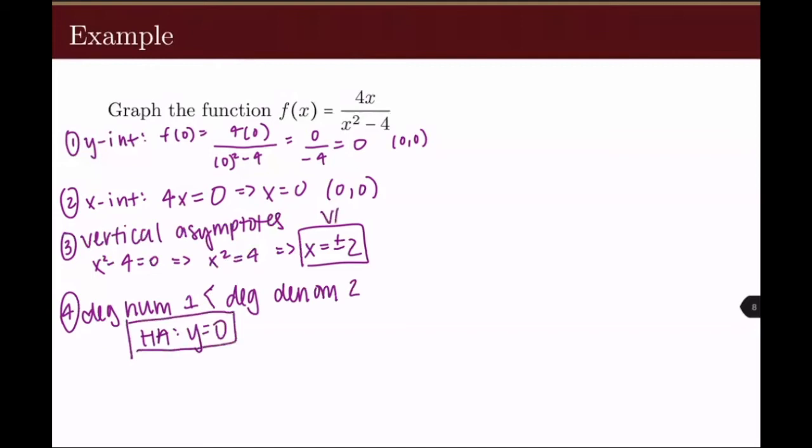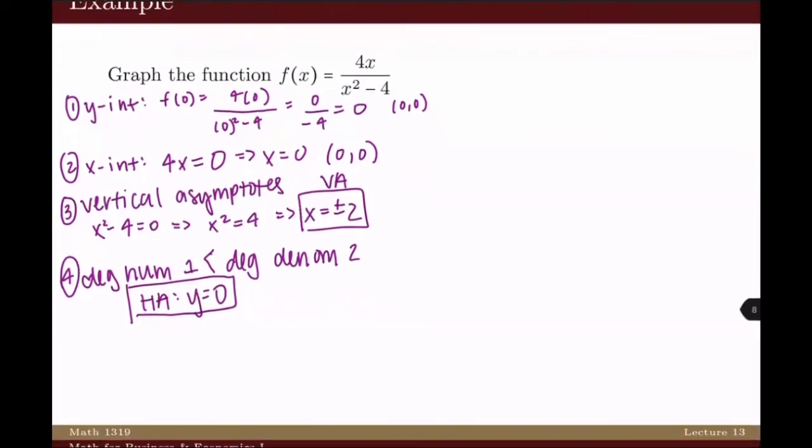Per our table that we looked at earlier. Lastly, we are allowed to cross a horizontal asymptote. So what we can do is plug in 0 and see if we cross our asymptote or not. Well, when we plug in 0, we do get 0. So we do cross our horizontal asymptote.